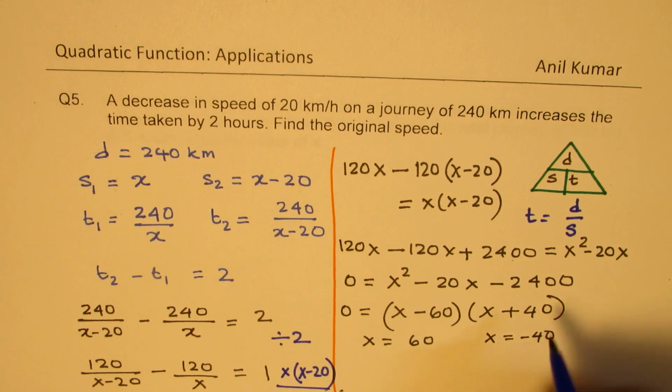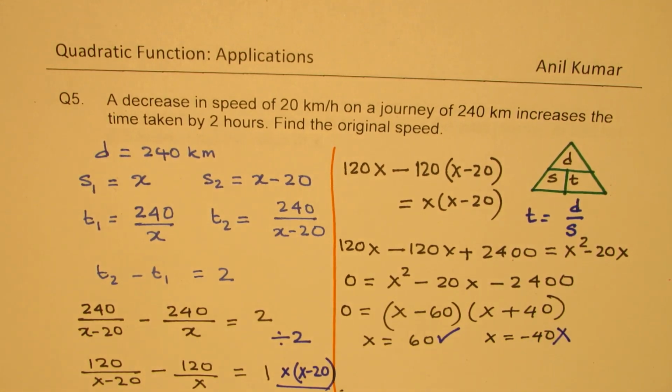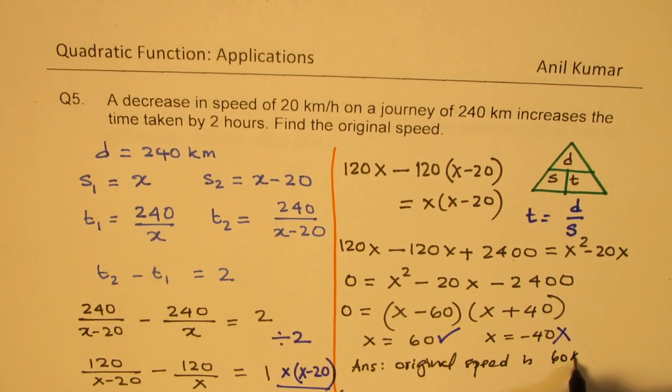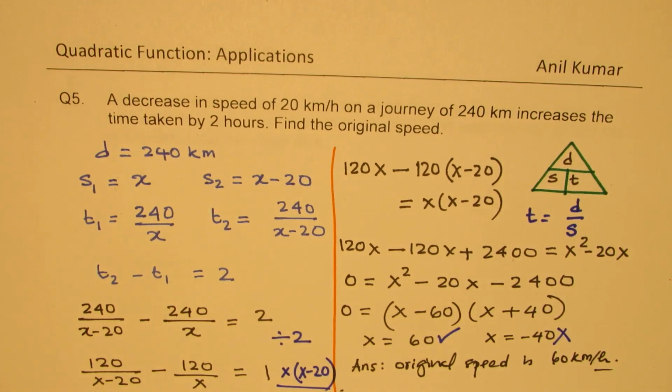Now minus 40 is not valid because speed cannot be negative, right? So find the original speed. So our answer here is the original speed is 60 kilometers per hour. Is that clear to you? So that is how we are going to solve it.